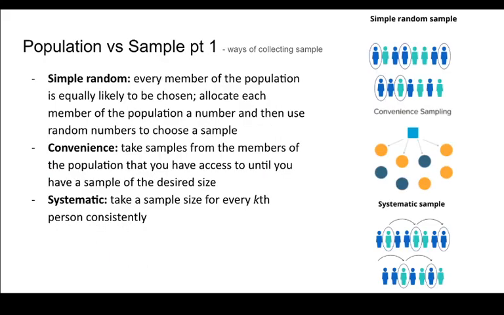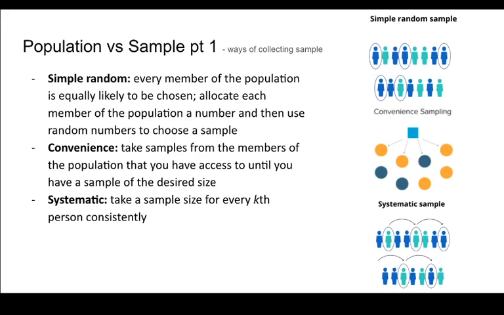And then we have several sampling techniques that we've learned: simple random, convenience, systematic, quota, and stratified. Simple random would be to literally randomly take anyone, and anyone has an equal chance of being chosen.